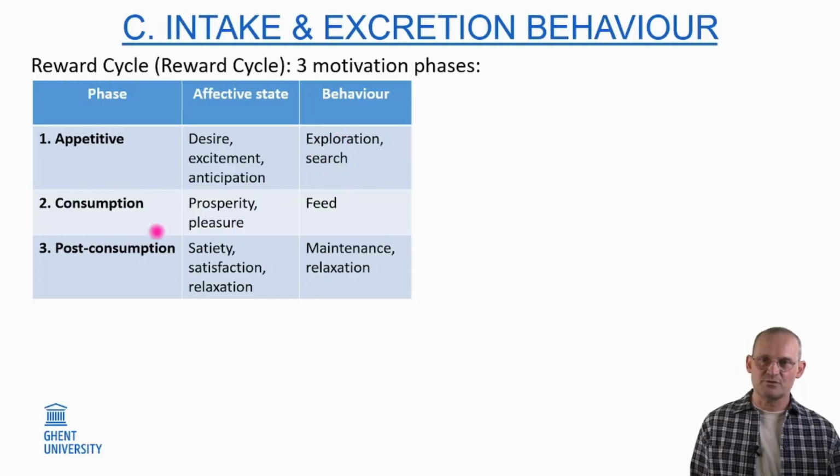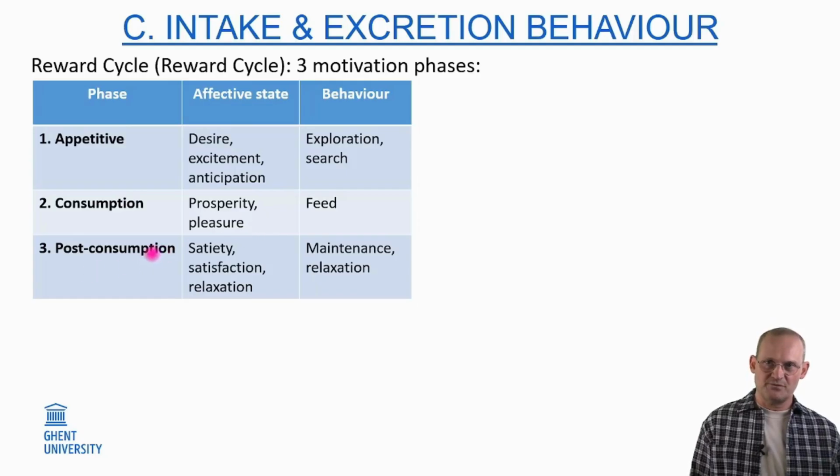Then there's the actual consumption behavior, which is associated with pleasure when they actually are consuming the food, and the post-consumption phase that gives affective states of satiety, satisfaction, and relaxation.